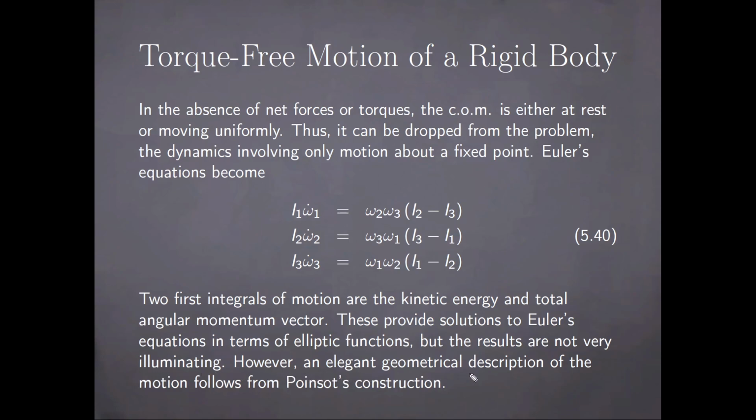However, an elegant geometrical description of the motion follows from what is known as Poinsot's construction. So in the following pages we will discuss mostly the motion from a qualitative perspective, and then most of these results will follow from rigorous calculations.